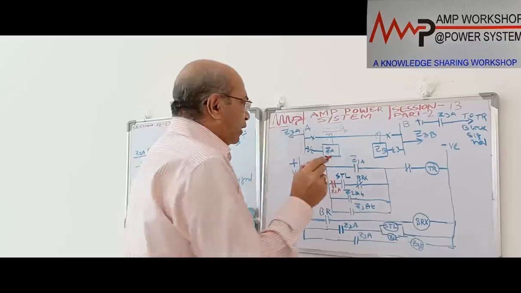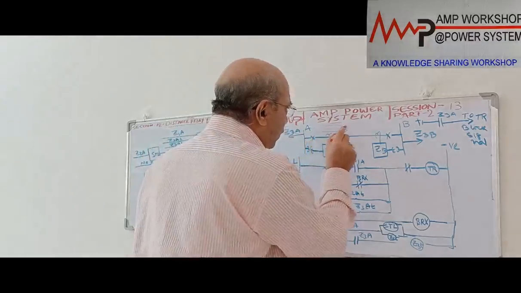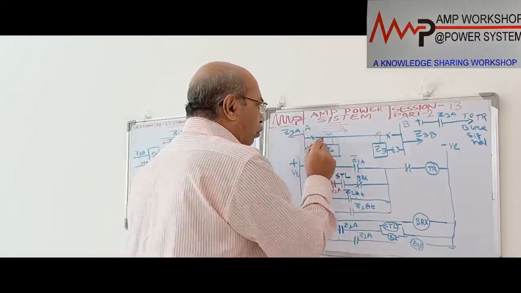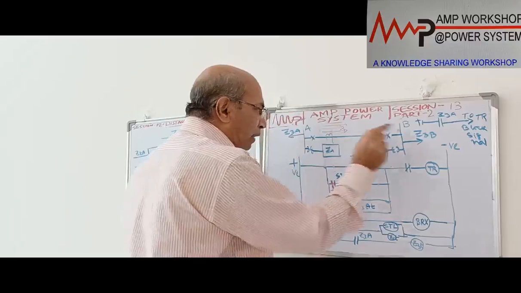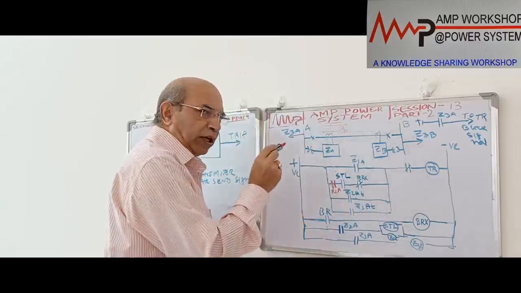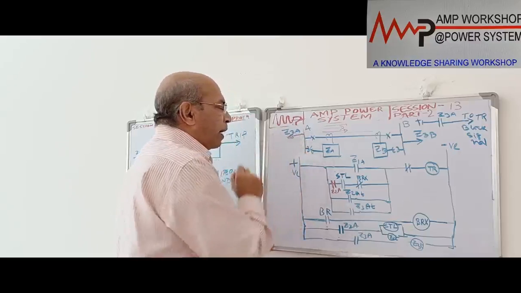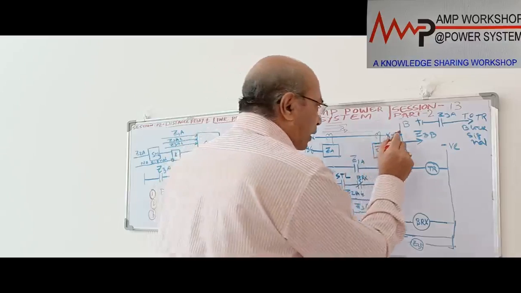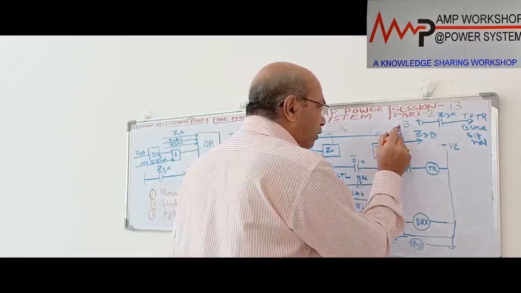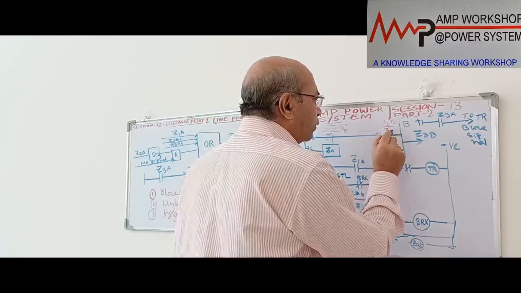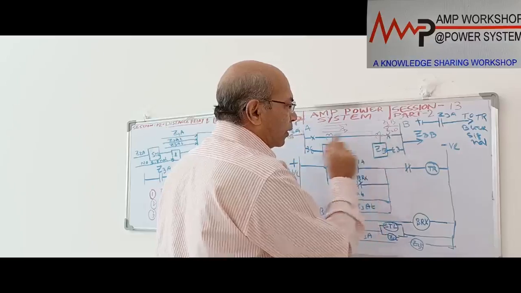In the case of the permissive scheme, all the three zones are looking this way. But in the case of the blocking scheme, zone 1 and zone 2 will be looking towards the line to the other station, but the zone 3 element will be looking in the backward direction. Similarly, in station B, ZB relay, zone 1B and zone 2B will be looking in the forward direction.